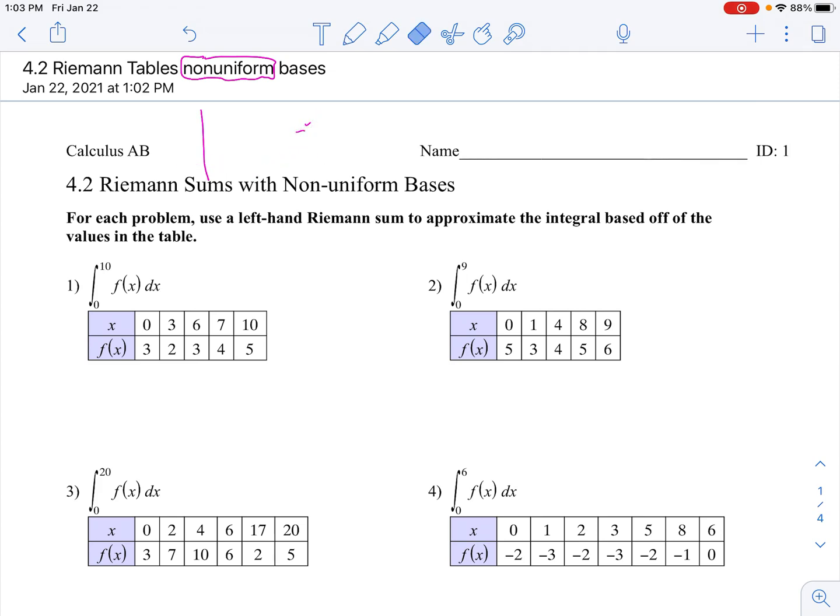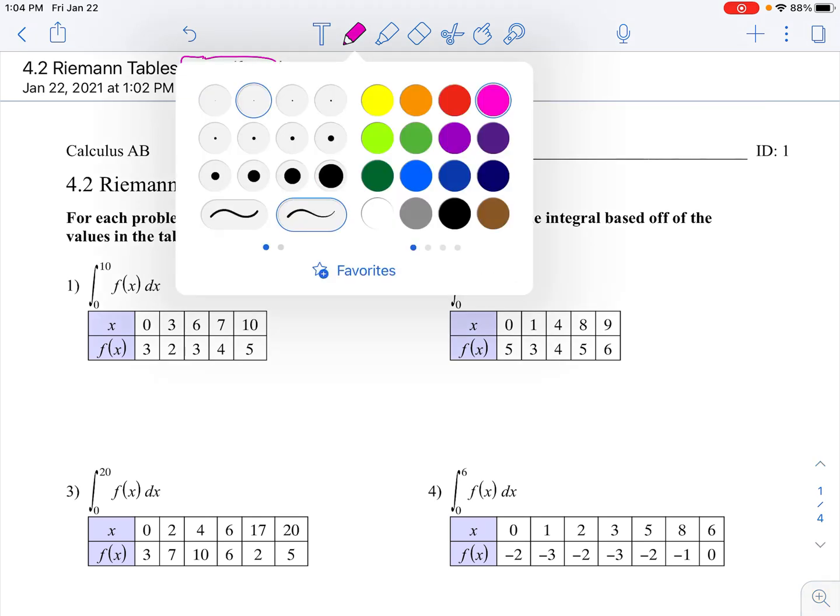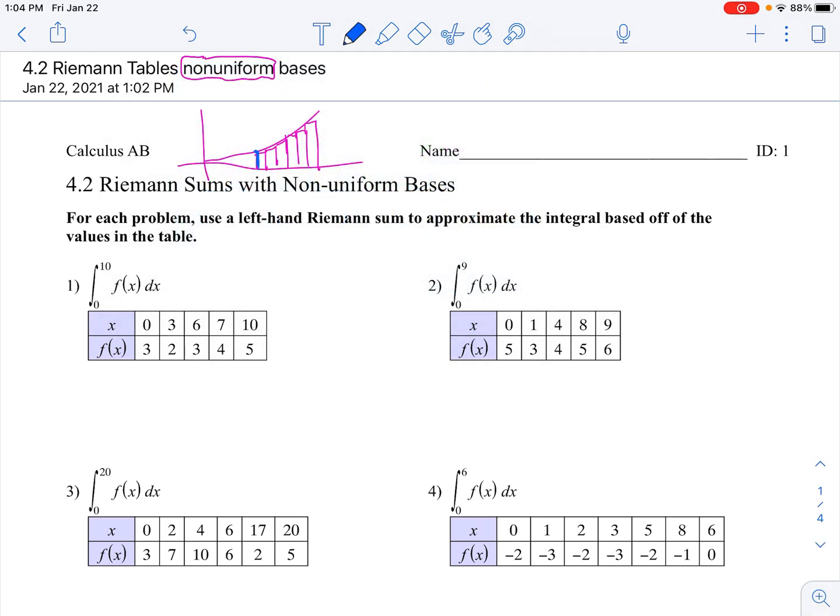How pretty. Now, we are going to, my eraser is humongous. So let's leave that as is. Okay. Now we're going to take that same area and we're going to put different size rectangles in here.